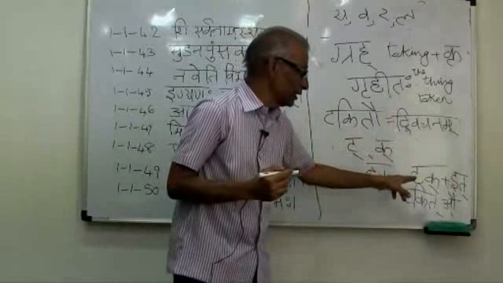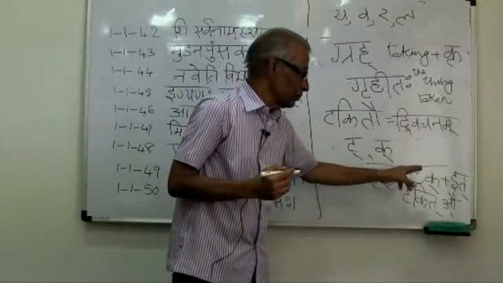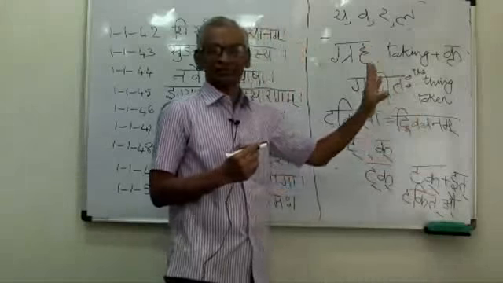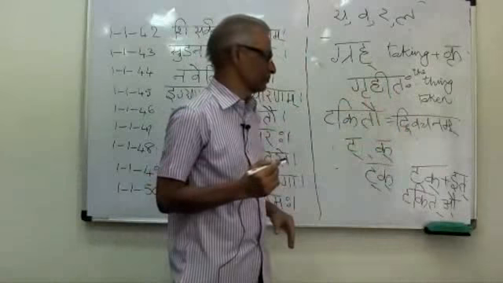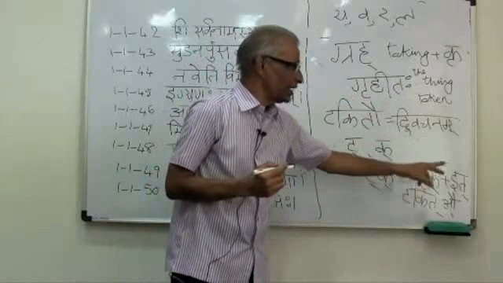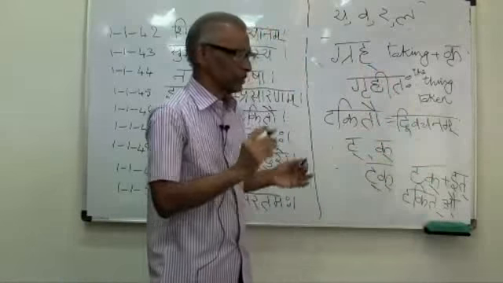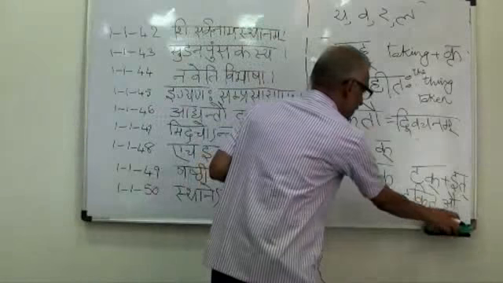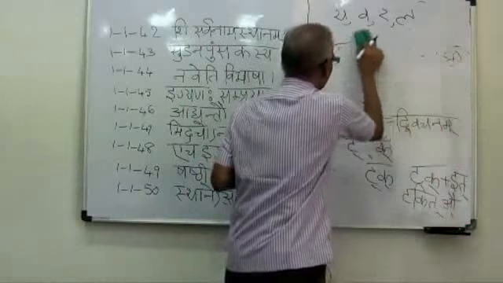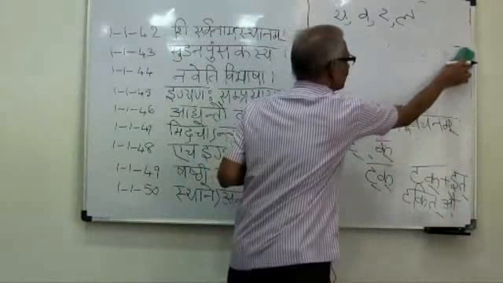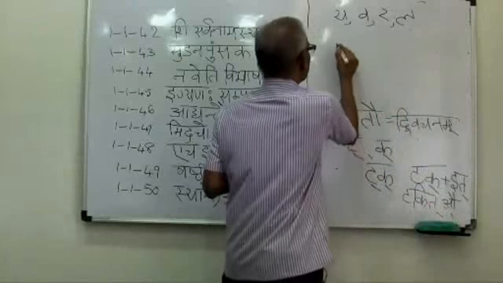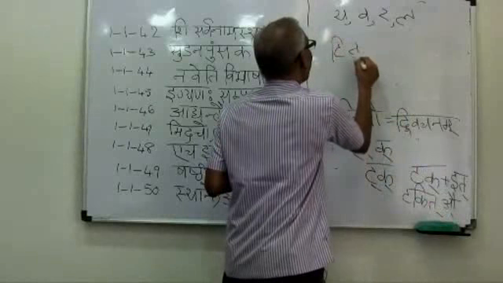That means a word containing tak as it is called takit. Takara and kakara it. That means words where takara is it, words where kakara is it, they are called takit. So takitau means these two, that is, tit and kit.